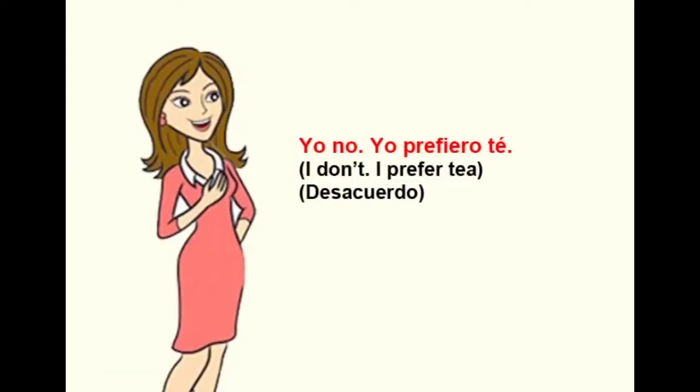And Paula says, yo no, yo prefiero té. Té is tea. Juan likes coffee. Mary also likes coffee and says, yo también. Paula likes something else, so she says, yo no, I don't prefer coffee, I prefer tea.